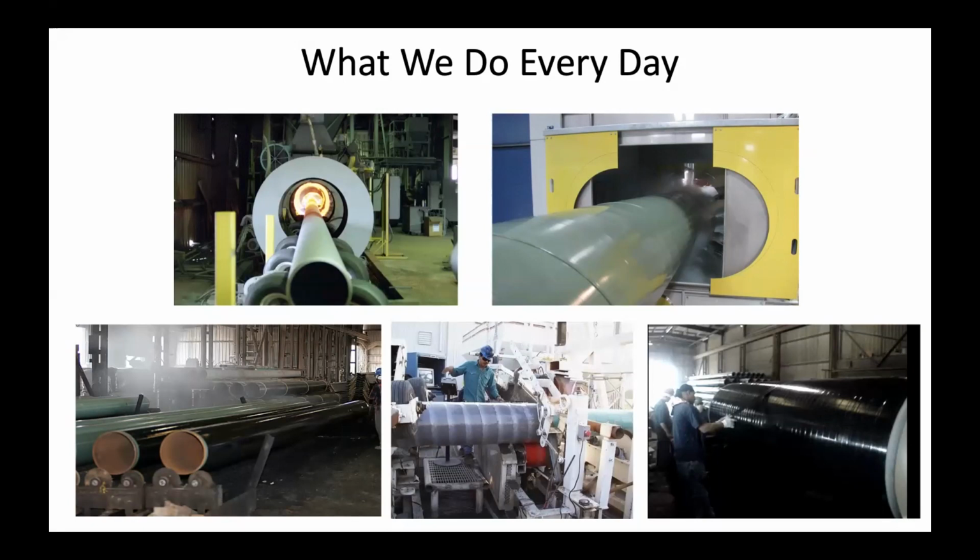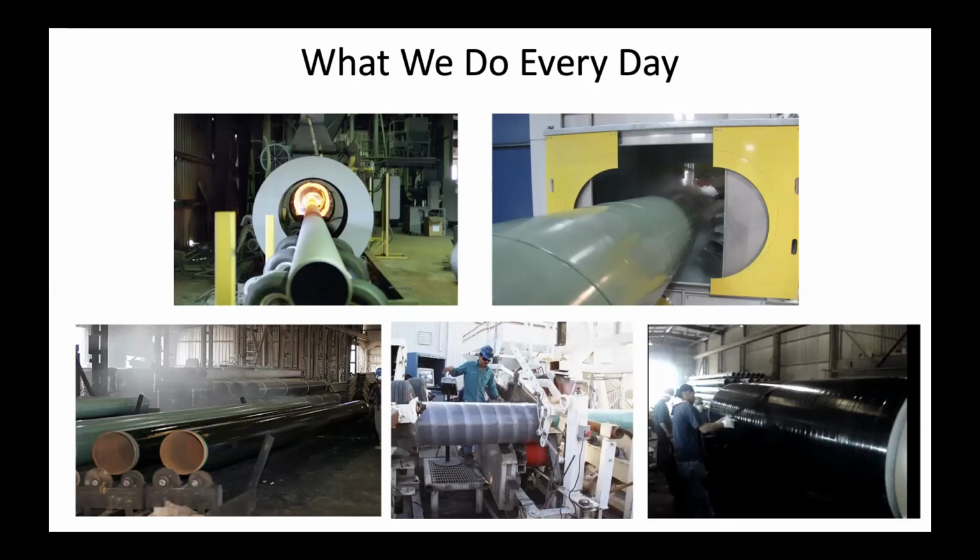In the middle is a picture of our concrete weight coating facility. That is a completely outdoor process. And then again, on the bottom right, that's our Kelly Street facility where we have the ability to do taped product, if you will. So it's blasted, it's coated, and then it's wrapped with protective paint.